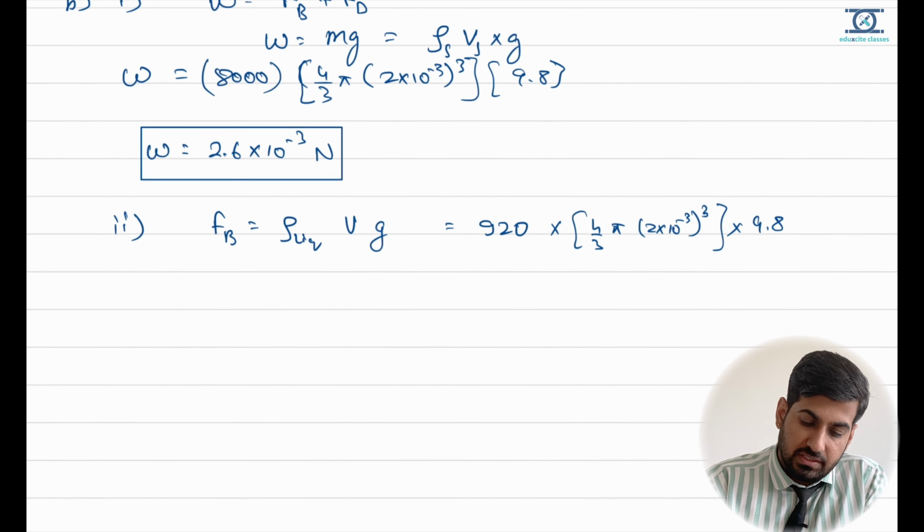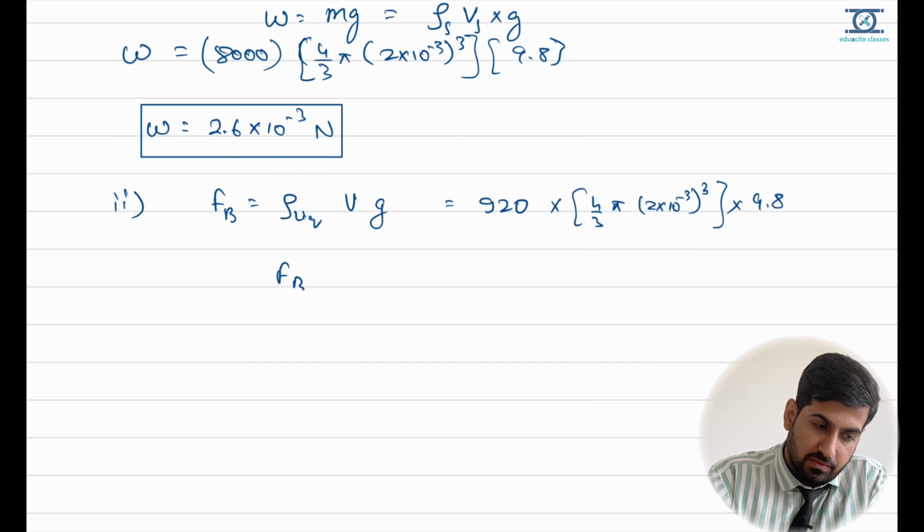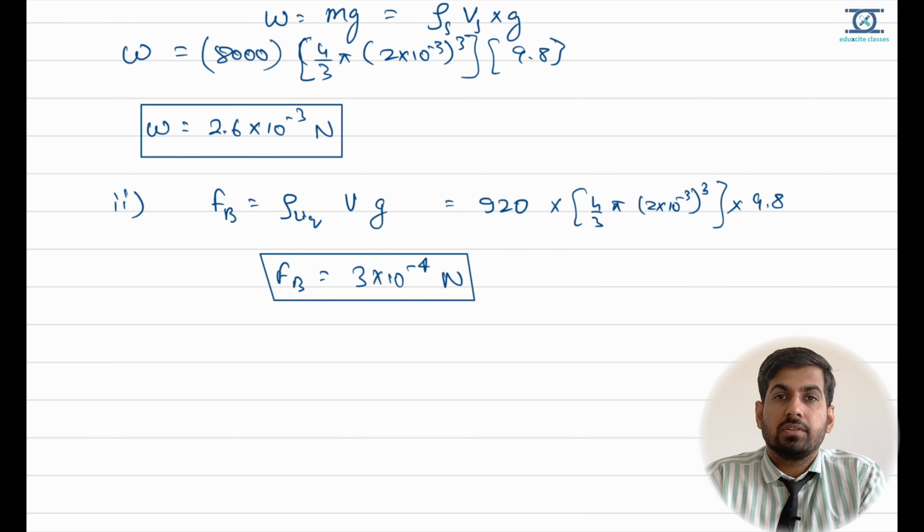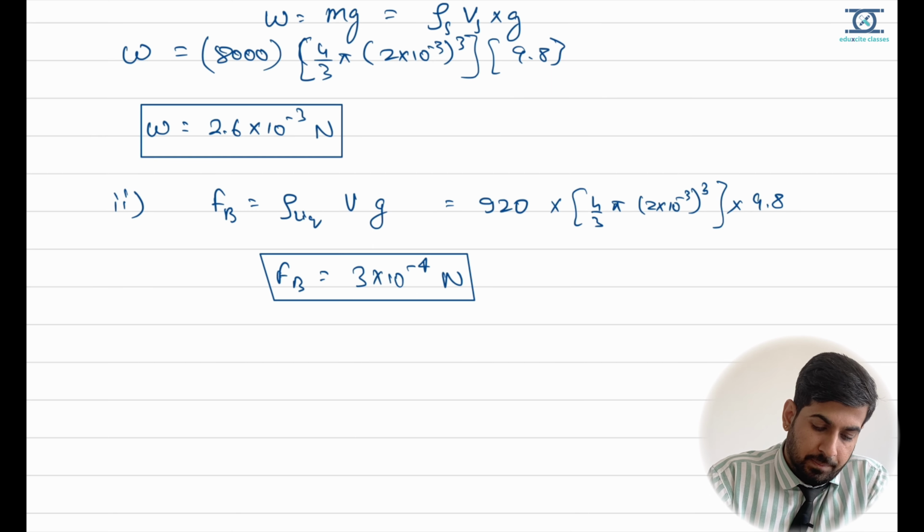Now if you calculate this, you will get the buoyant force, as I have already done the calculation, 3 into 10 raised to power minus 4 Newton, right?